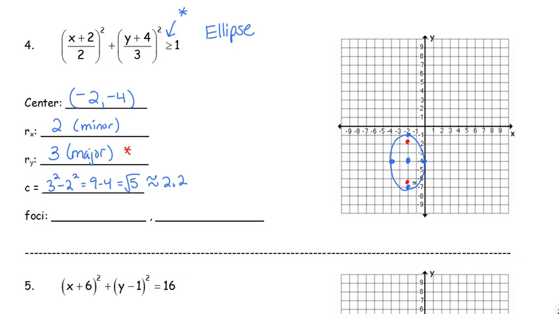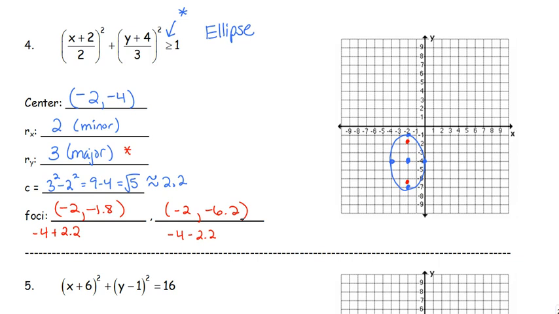Since I'm going up and down, I'm changing the y coordinate of the center. So I take that -4 and I add 2.2. So my new y is -1.8. The x did not change, so that's still -2. And then I subtract that 2.2 to go down. So my new y coordinate there is -6.2.